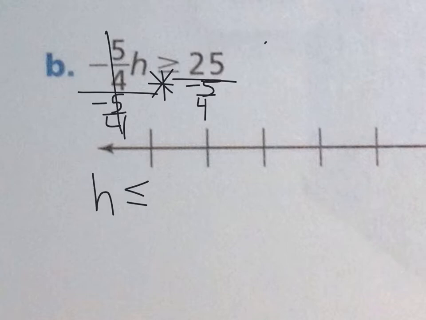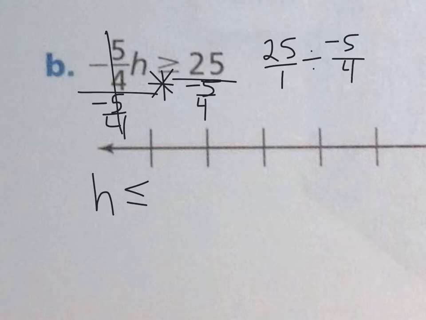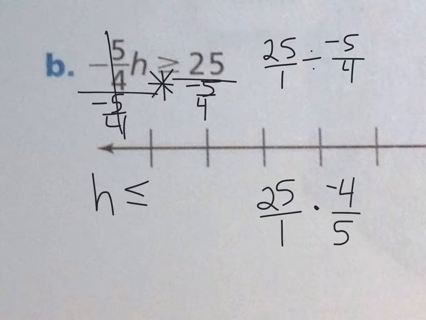If we were dividing this by hand, the 25 we could put as 25 over 1 divided by negative 5/4. And then remember to divide fractions. What do we do? Keep change reciprocal. Good. Normally the negative sign, if you have one, goes up with the numerator.